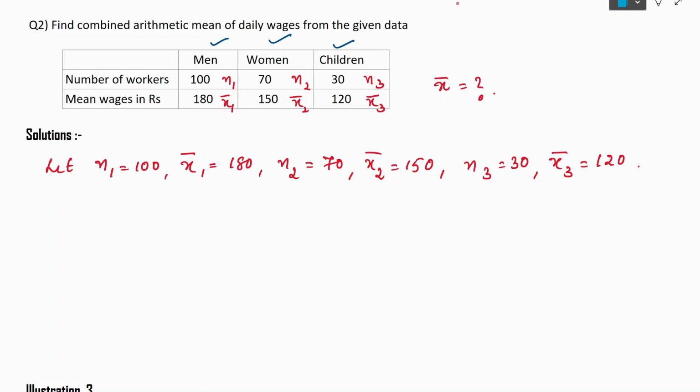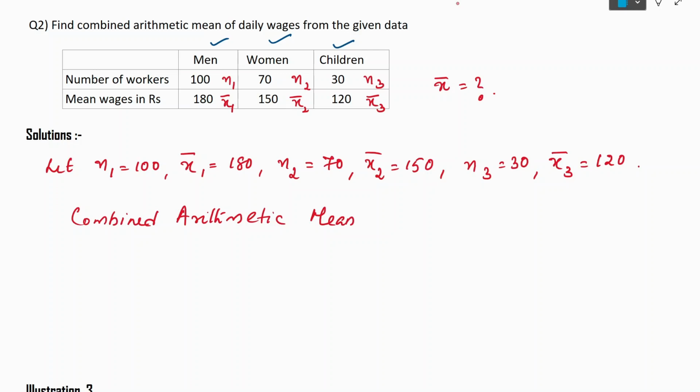What is the next step? You have already defined your N1, N2, N3, X1 bar, X2 bar, X3 bar. Now we are going to use the combined arithmetic mean formula. The first formula we used was for 2 groups, right?